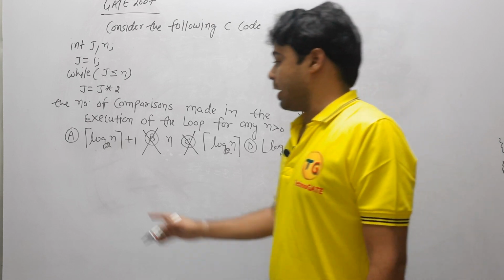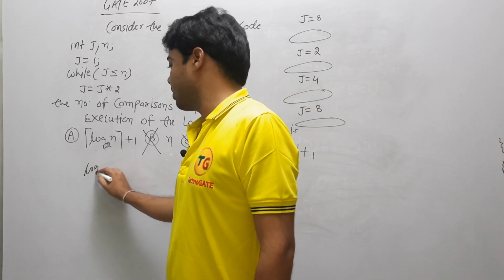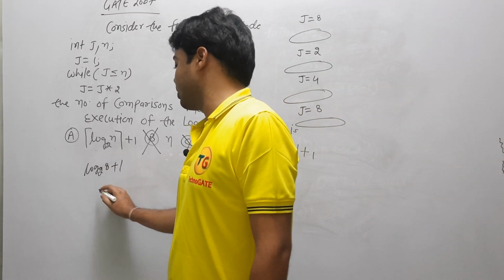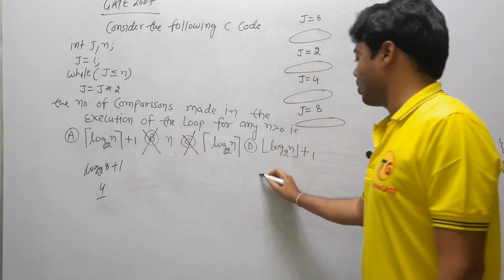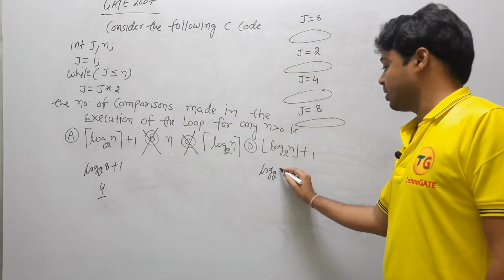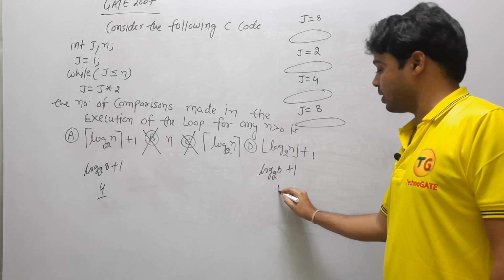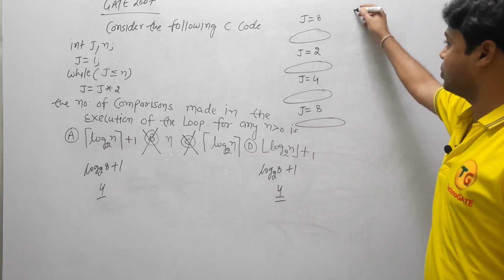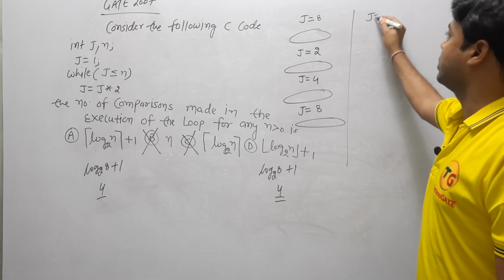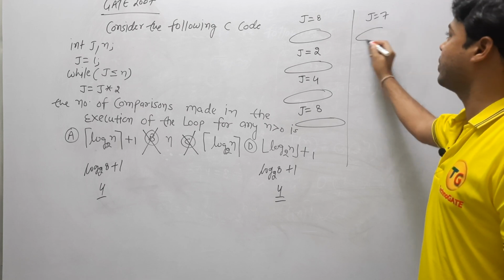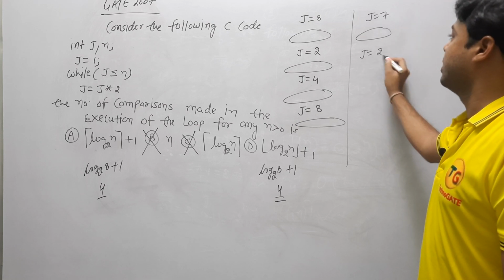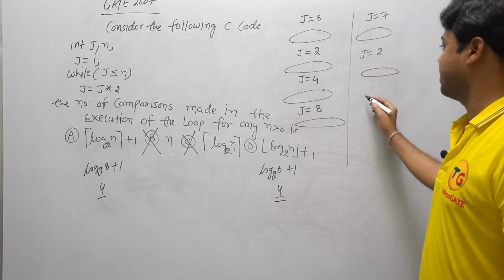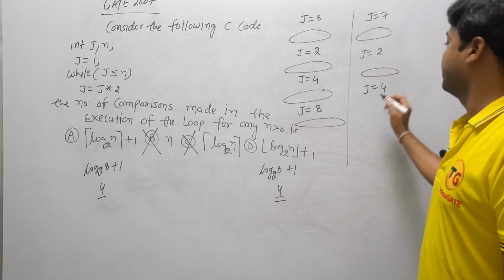Now log 8 plus 1 gives 4, so both options collide here. So take another example. Suppose n is 7. The loop executes with j equal to 1, then j is 2, then j is 4.